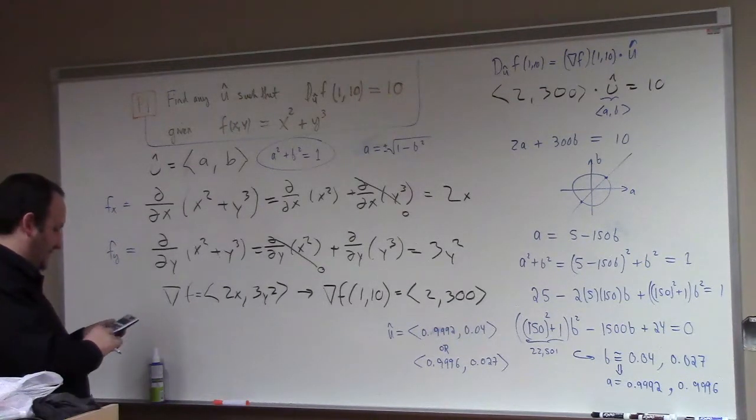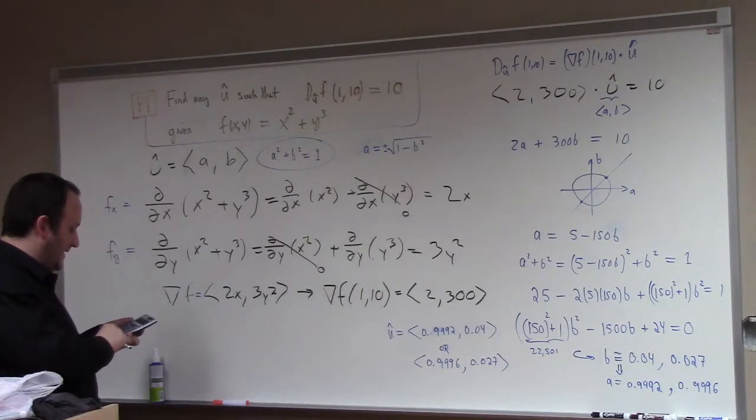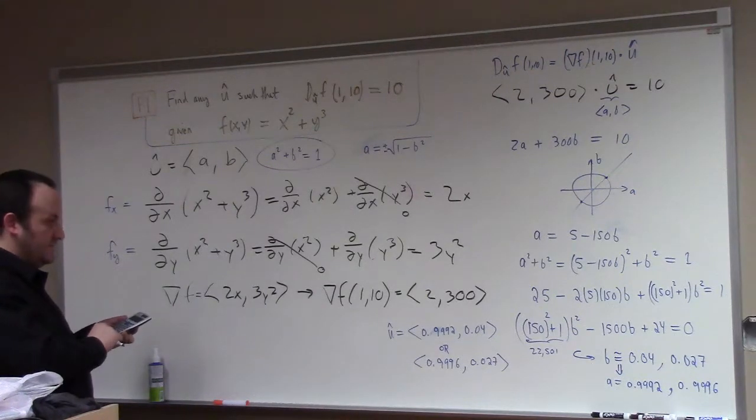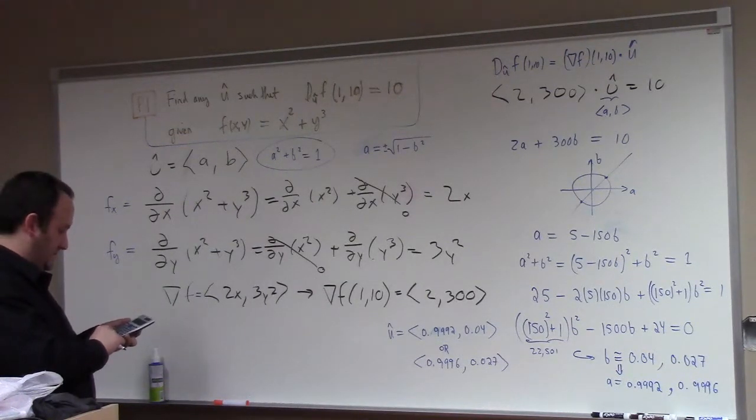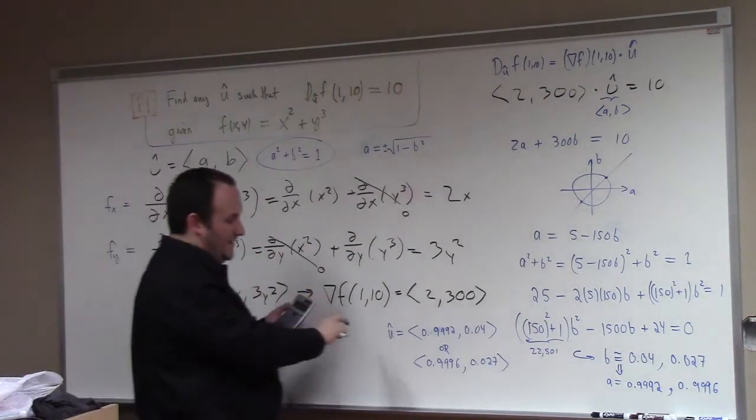Or maybe it's more likely that I messed up checking the answer. That's kind of my typical error. 0.996 plus 300 times 0.027. There we go. It's fine. It actually checks.